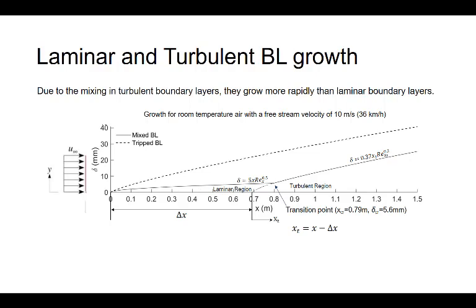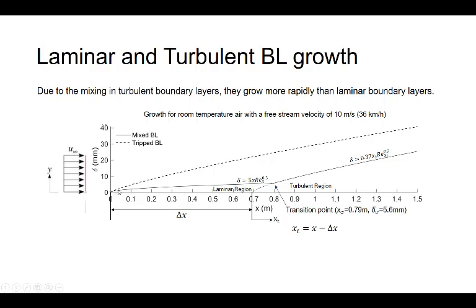Let's compare how the mixed boundary layer, the one that begins laminar and then becomes turbulent, grows relative to a boundary layer that is tripped to be turbulent from the leading edge of the plate. Here, the dashed line represents the tripped boundary layer. Remember that in a tripped boundary layer, there is something placed at the leading edge of the plate in order to disturb the flow and cause the flow to be turbulent immediately.